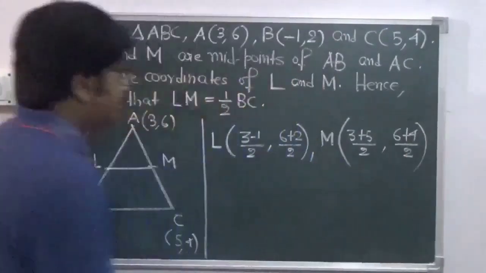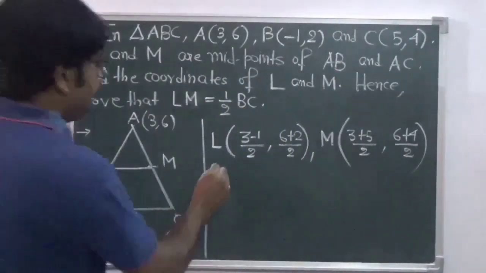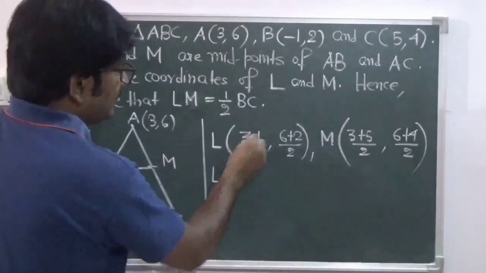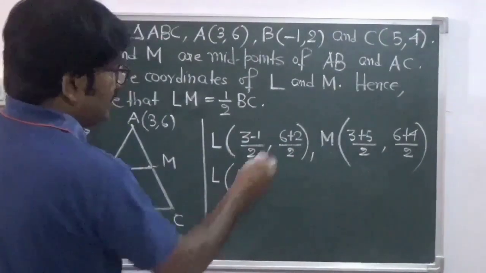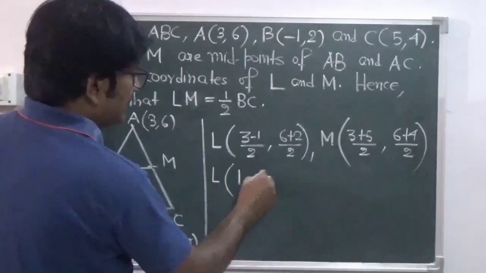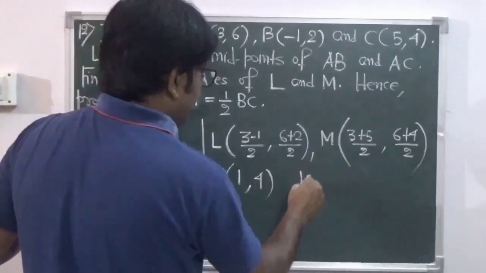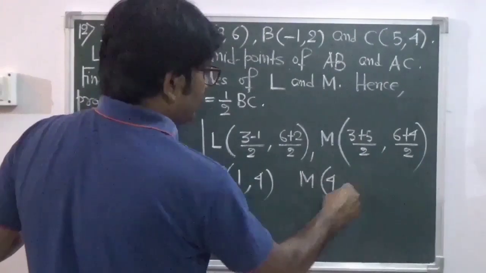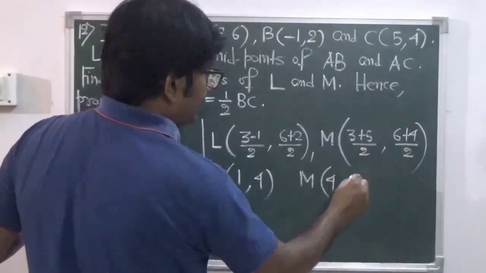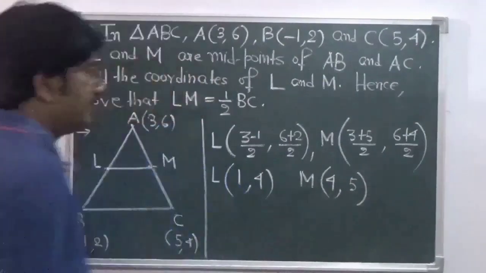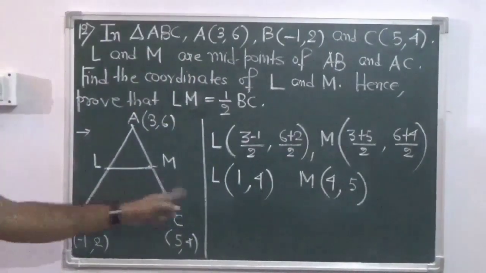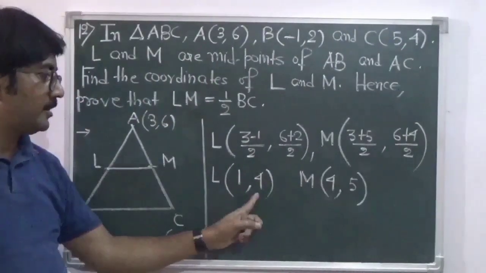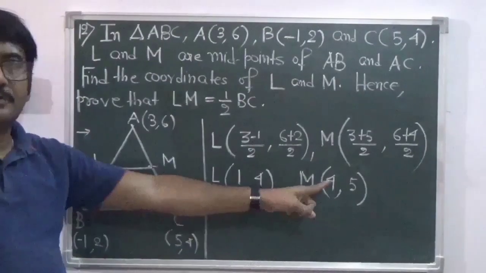So L is 3 minus 1, 2 by 2, that is 1, and 6 plus 2, 8 by 2, that is 4. And M is 5 plus 3, 8 by 2, that is 4, and 6 plus 4, 10 by 2, that is 5. So L is (1, 4) and M is (4, 5).